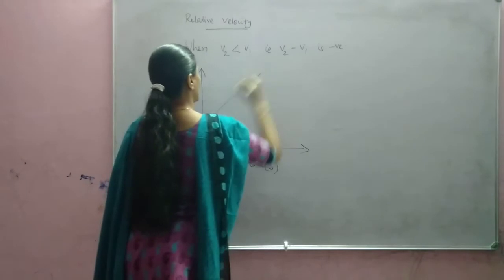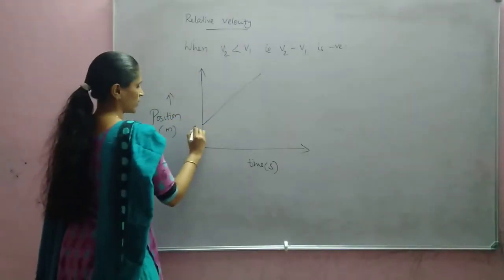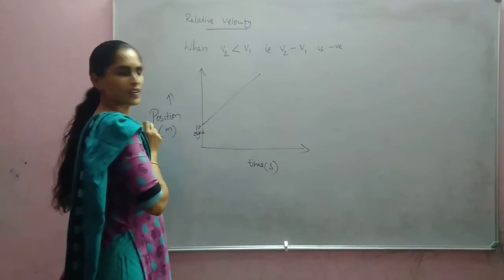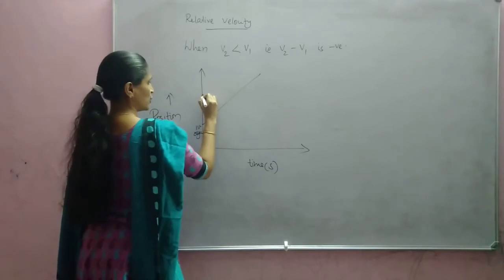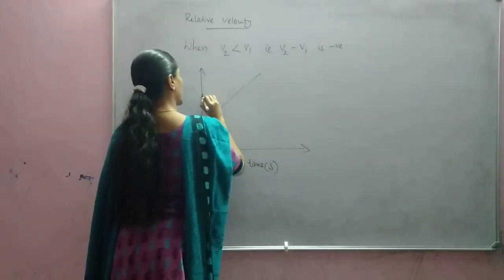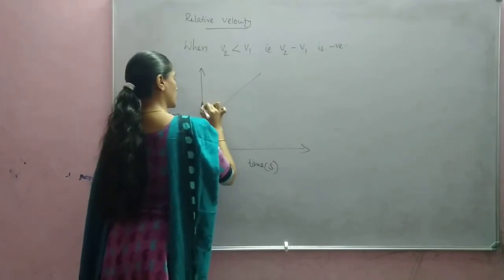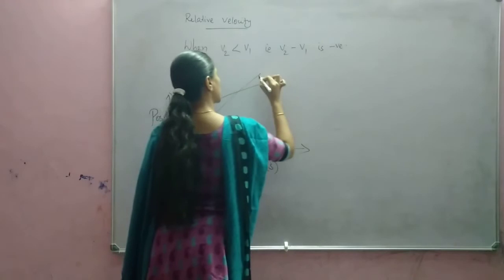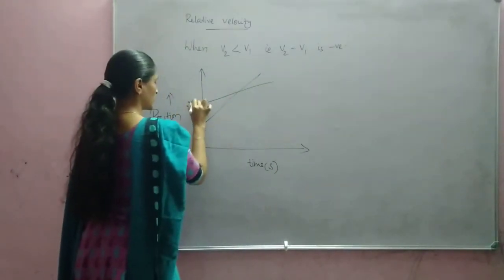For example, its position-time graph is like this for the first object. For the second object it is at this position. Here its velocity is lesser, and this is the second object.